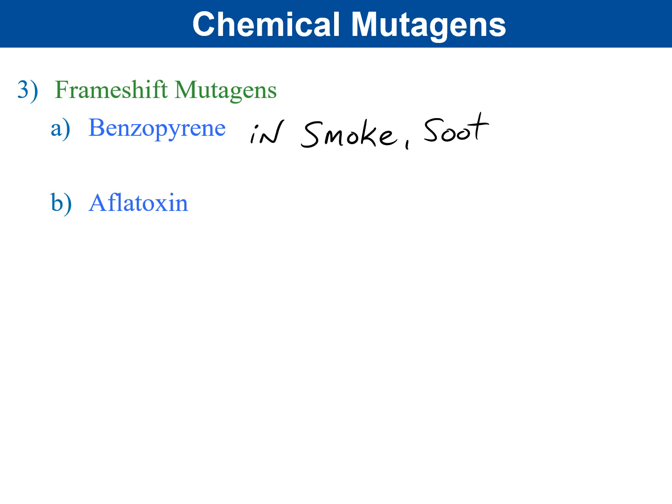One chemical mutagen that you may not have heard of in this class is called aflatoxin. And aflatoxin functions very similarly, but it's found in moldy peanuts. And I imagine nobody really goes around thinking, I'm going to find some moldy peanuts to eat.